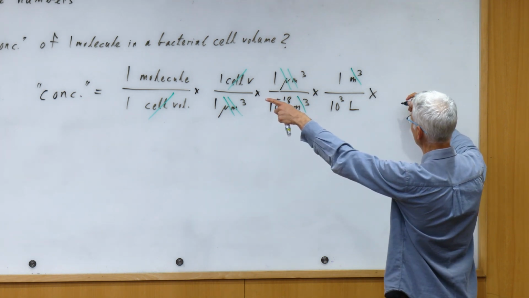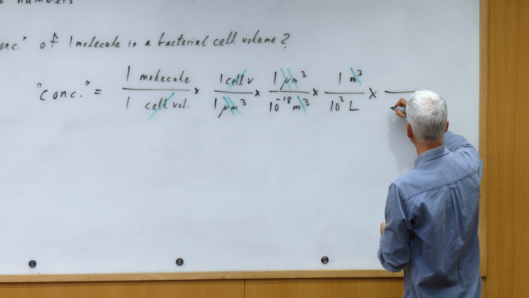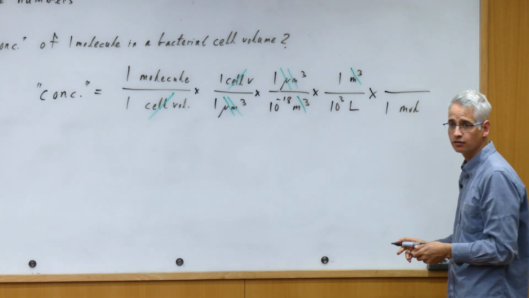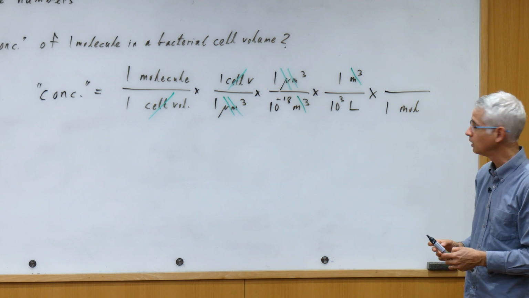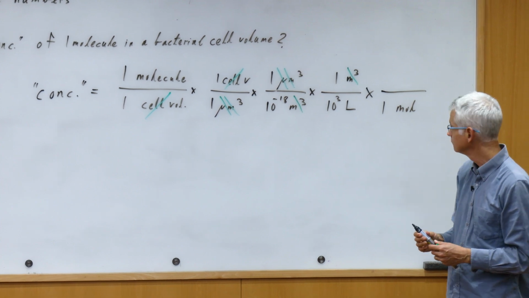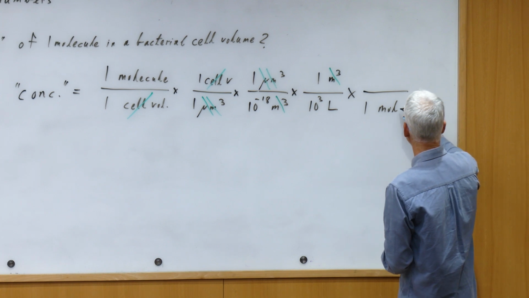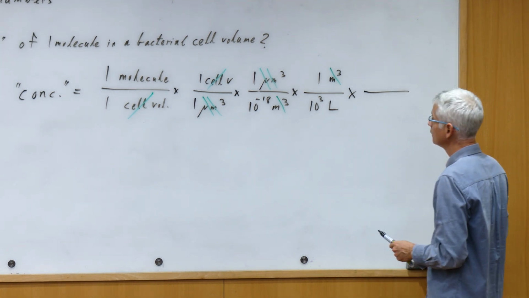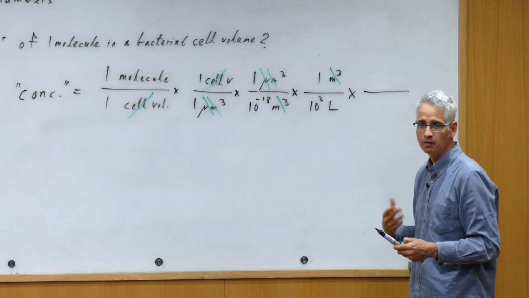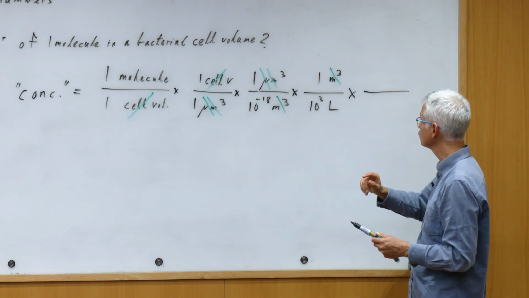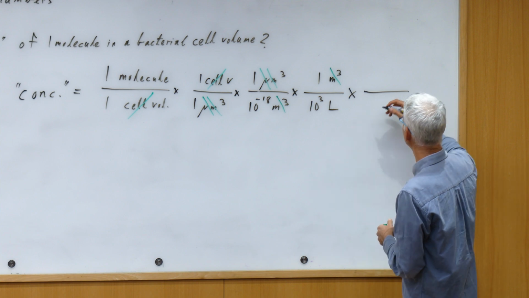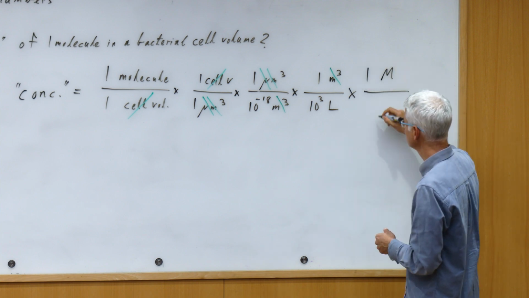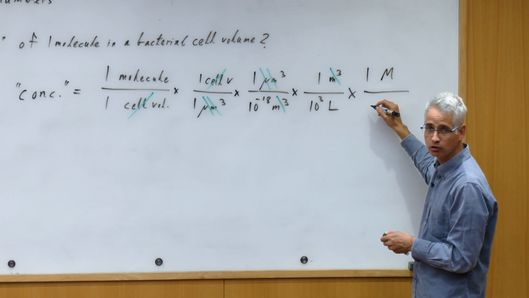I want to get rid of the molecule, so I want to have 1 molecule here, and I want to have something with the numbers of molecules. Or you know what? Let's do it even more nicely. Let's just say 1 Avogadro number, 1 mole. And then what would be the number here? How many molecules?